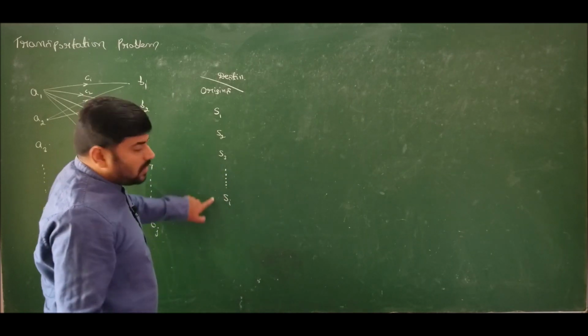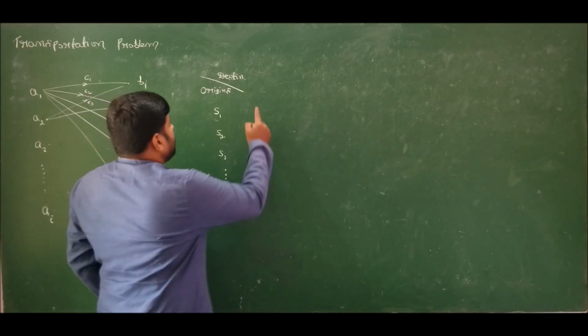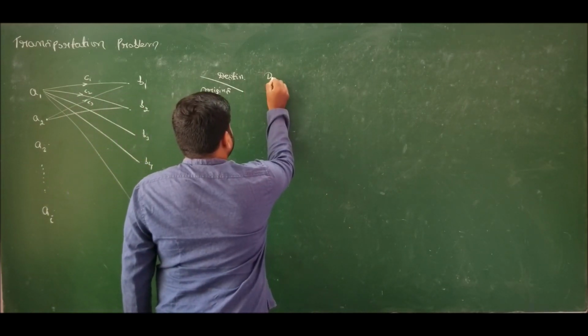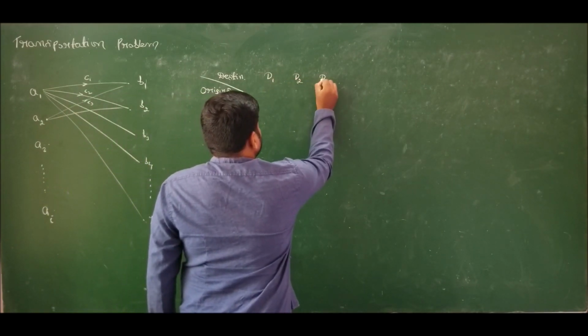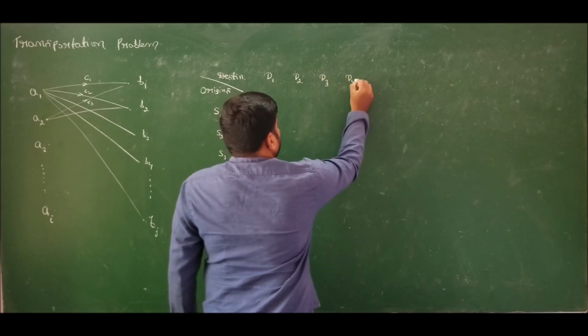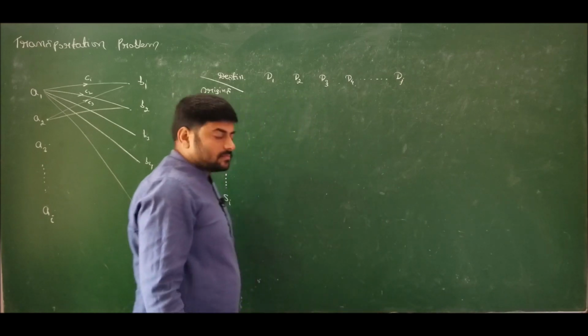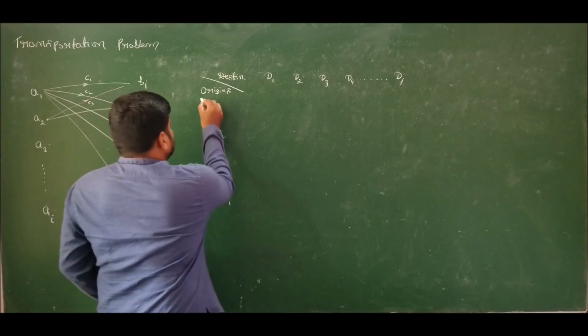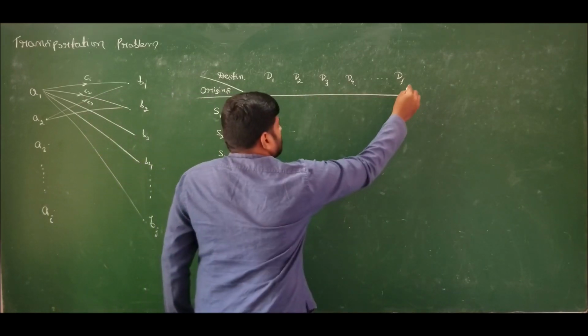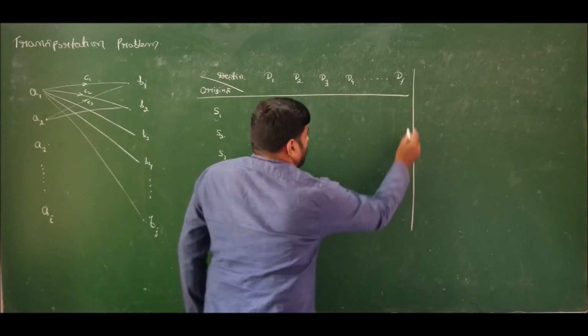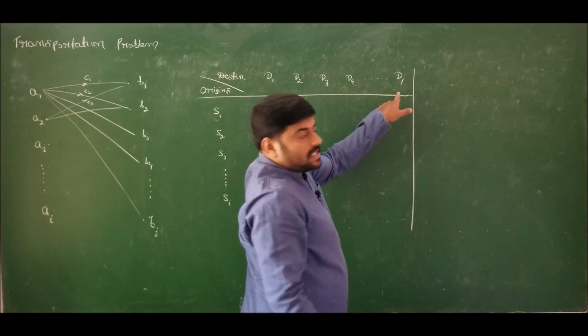So S stands for source. And we have the destinations, let us say D1, D2, D3, D4, etc. up to Dj. Now we always represent the supply in the column next to the last destination.